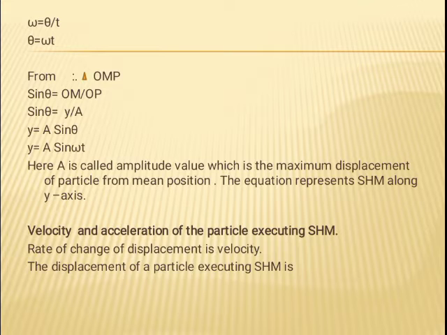If I consider a bob of a pendulum having simple harmonic motion, I am going to derive its velocity and acceleration, or give you the expression for velocity and acceleration of the particle executing simple harmonic motion. First we shall calculate the velocity, and later the acceleration.